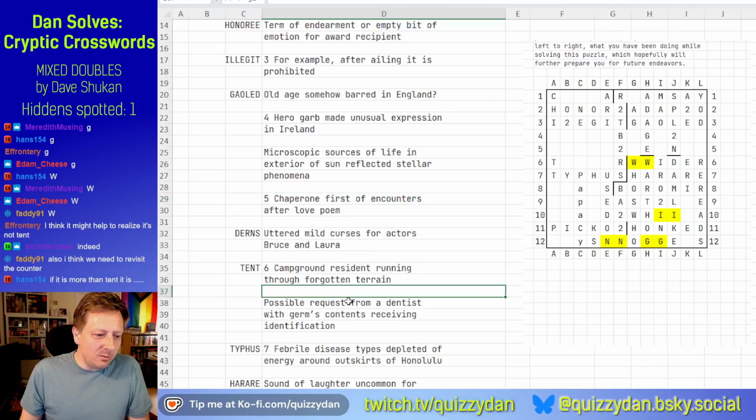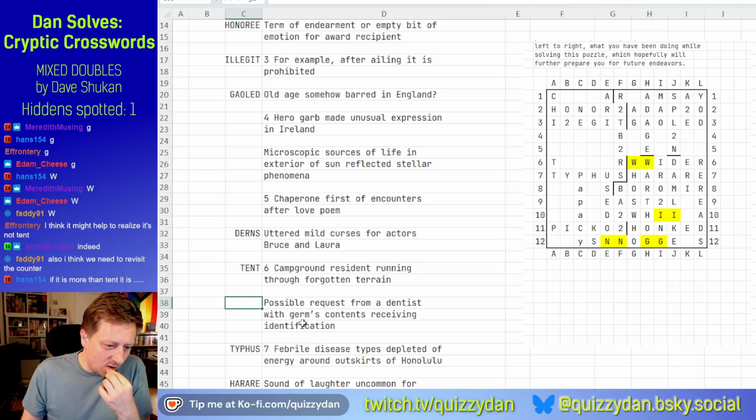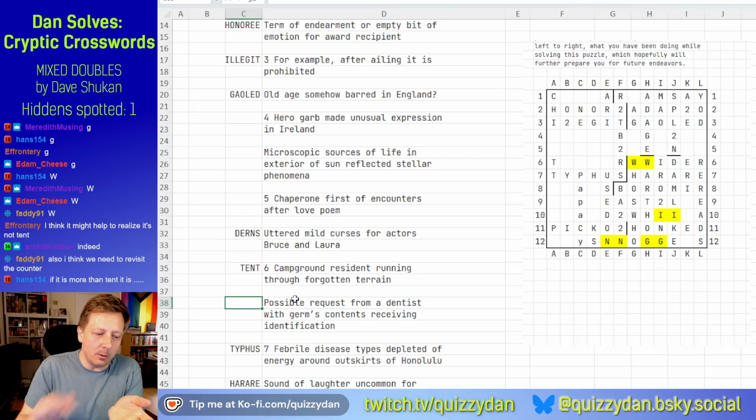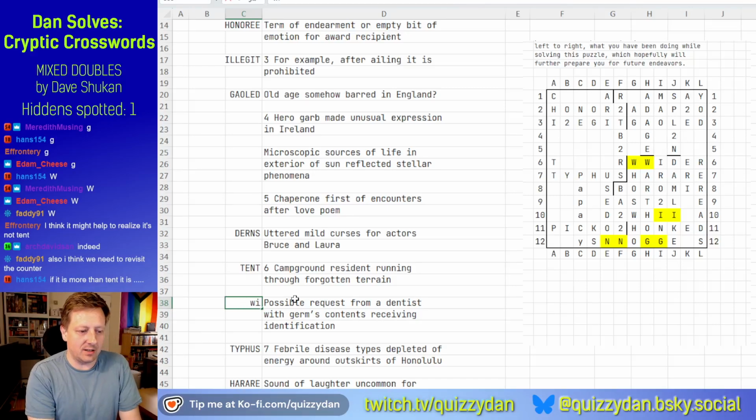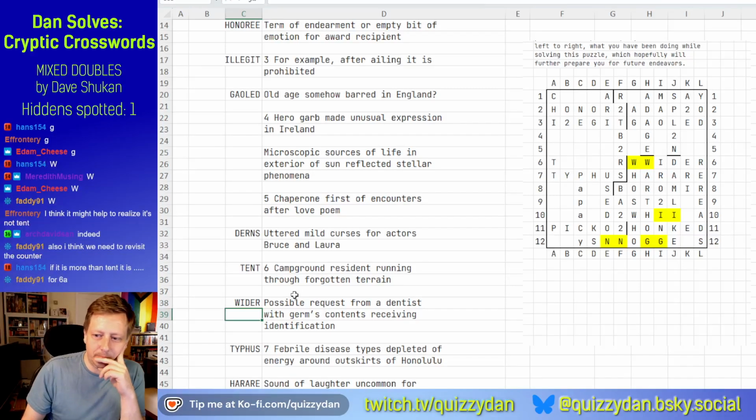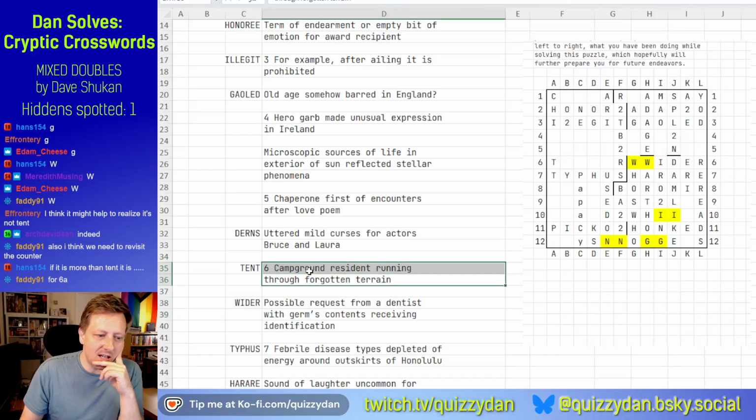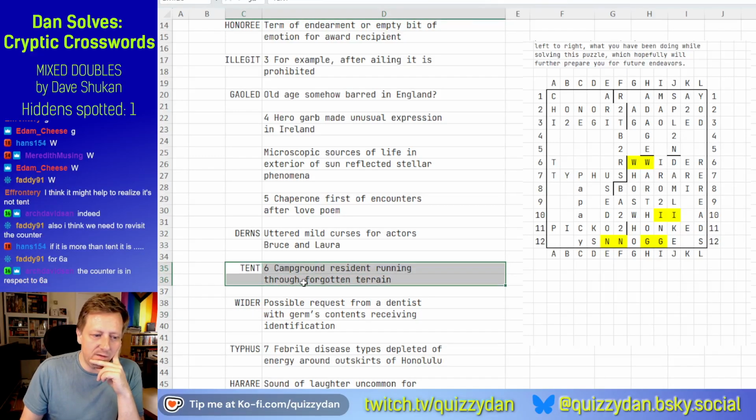Why do I need to revisit the counter? It's not hidden in there. Because my germs contents with is W, germs contents is ER, and we're putting ID in all of that. That's how that works. That's fine. For 6A, I did that.